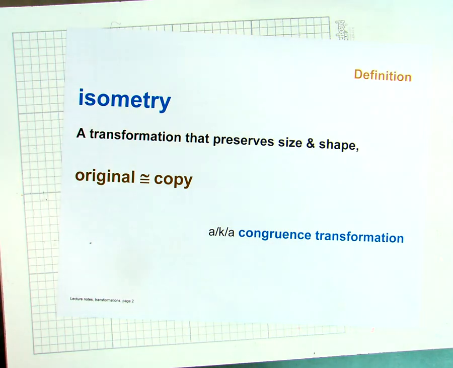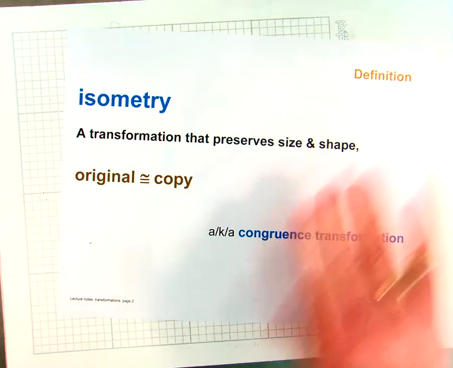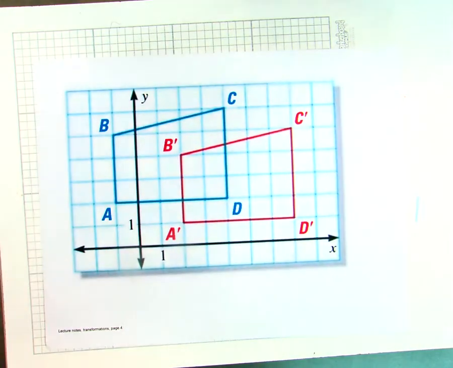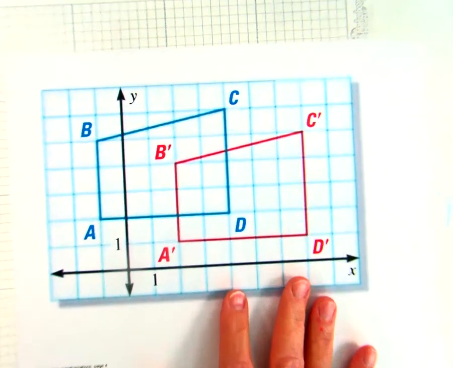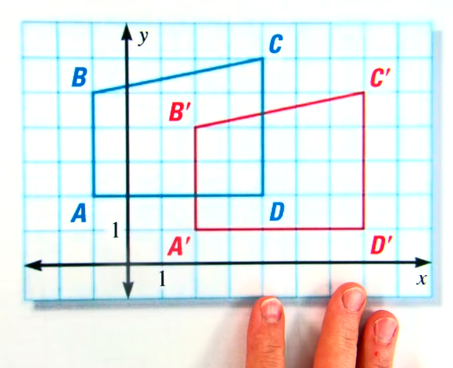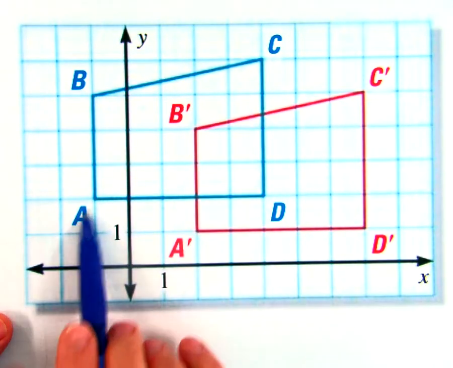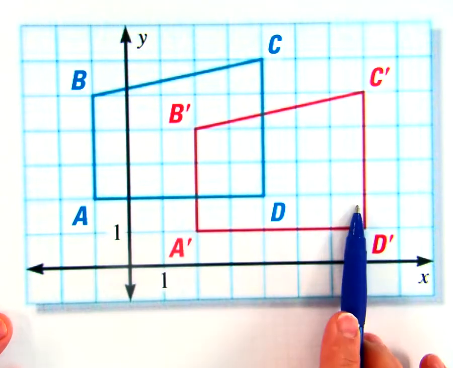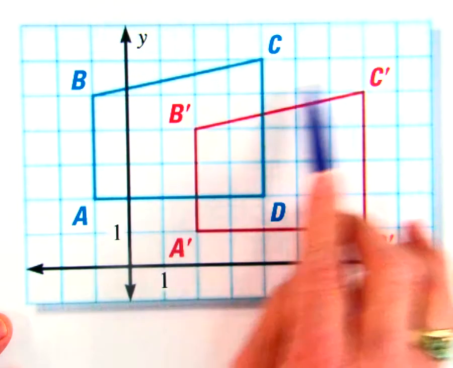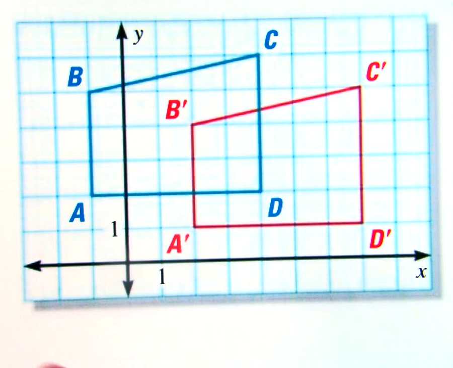Let's look at one of those here. This would be an example of a congruence transformation. This is an isometry. This is a translation. We can tell that the blue is the original because it doesn't have a prime, and that the red is a copy because it has the prime by each of its vertices.